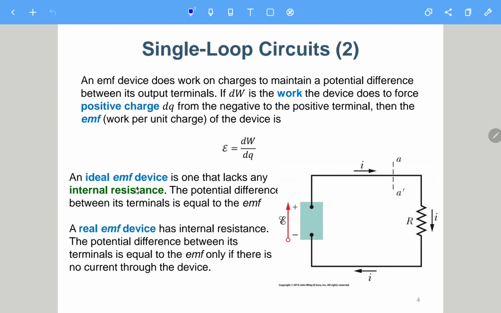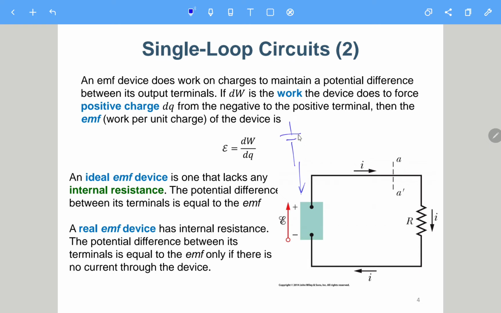Okay. So an ideal EMF is one that lacks any internal resistance. The potential difference between its terminals is equal to the EMF. So for a battery or the EMF in circuit theory, sometimes we will just write it like this one.